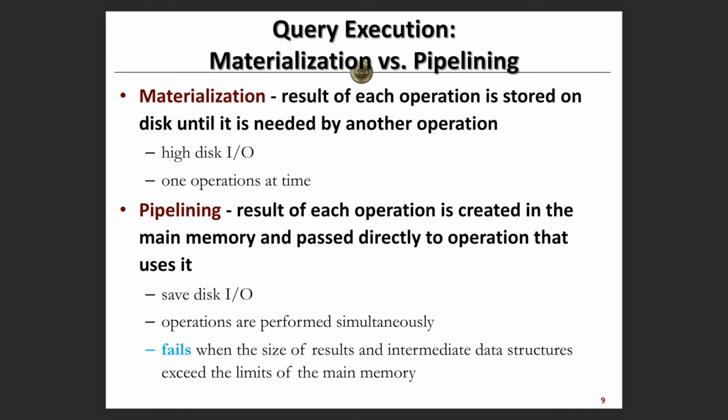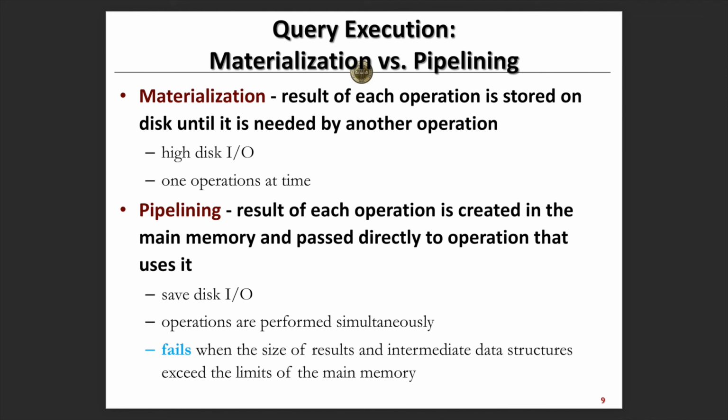Another way we do the execution of queries is via pipelines. In other words, the result of each operation is created in the main memory and passed directly to the operations that use it. In this way, it can save disk I/O because we don't need to store the results to the disk, and the operations are performed simultaneously.